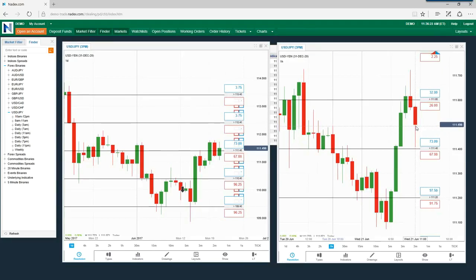Because there are 3 different ways that you could potentially trade this. For a 2-hour, I use a 15-minute. For a 20-minute, I use a 3 and a 12 because that's what I trade.